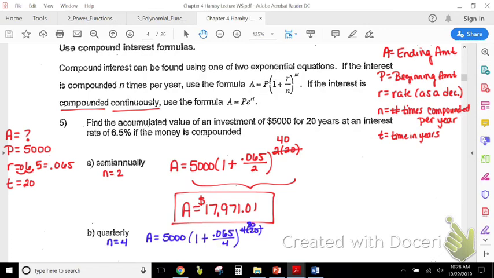Not really. And so what did we find A to be here? $18,105.57.